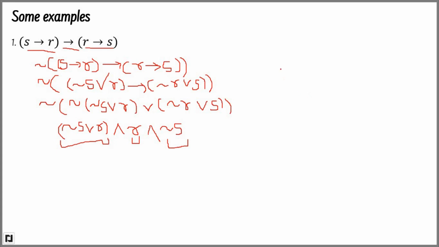The sum terms which are single go on the top node of the tree. Here we have R and negation S as single sum terms. So we keep them on top. And then we have to make two children of it, which are the other sum terms, which is this.